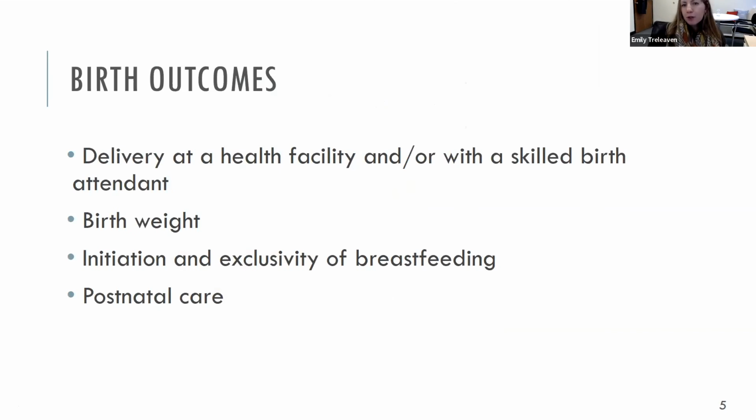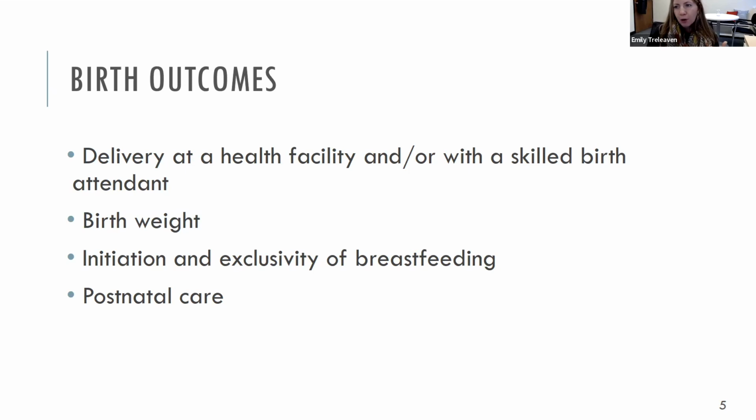So starting with birth outcomes, globally about 40% of the burden of under 5 mortality falls in the first 28 days of life, or the newborn period. So many health systems, NGOs, and other stakeholders are really focused on safe quality childbirth to give babies the healthiest start in life. So key birth outcomes of interest include whether a child was born at a health facility or with a skilled birth attendant, typically defined as a doctor, nurse, or midwife.